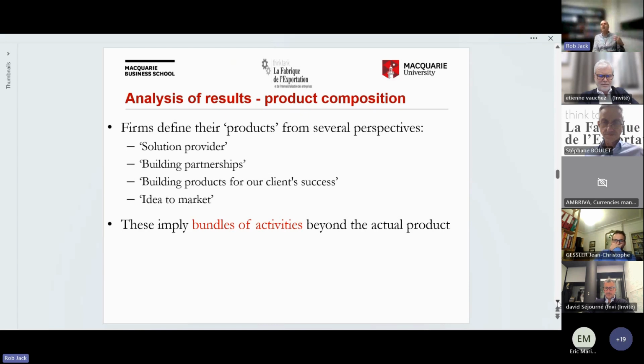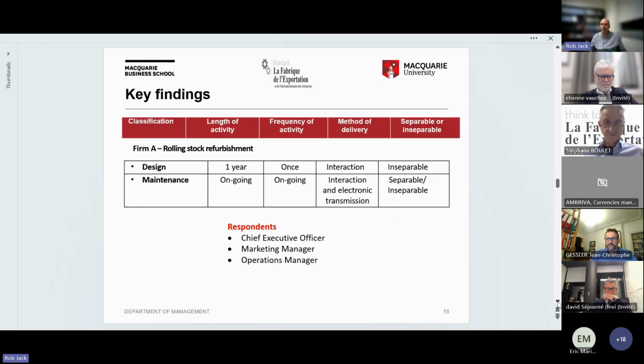Now, obviously, all of these have a marketing function, a value creating function, but they imply that it's a bundle of activities that these firms do. So they're not defining what they do in a singular way. It requires a number of key activities that they're doing.